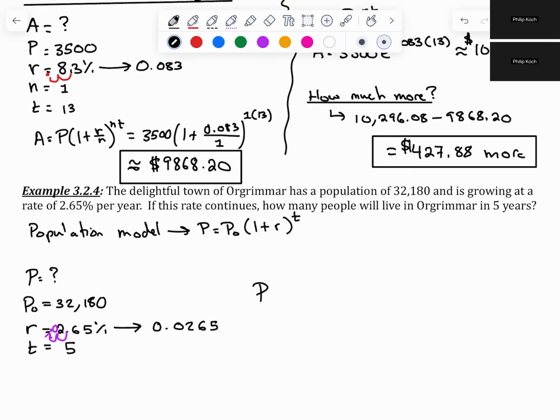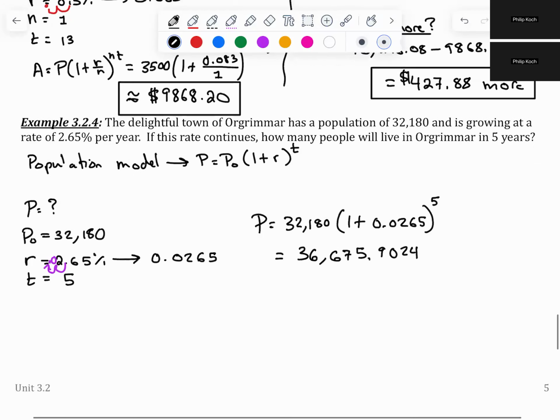P is equal to P naught, which is 32,180, times (1 plus r as a decimal), so 0.0265, raised to the t, which is 5, which equals 36,675.9024. And we want to round to the nearest person.